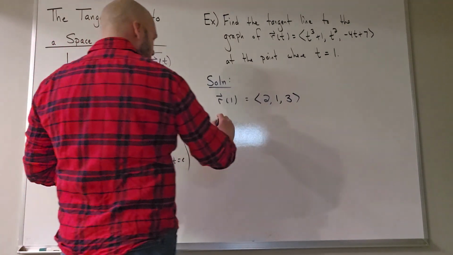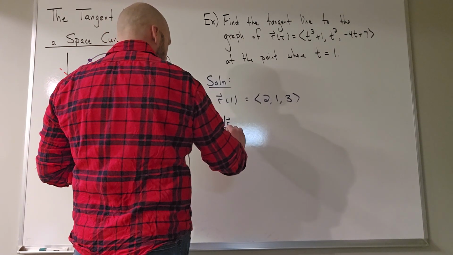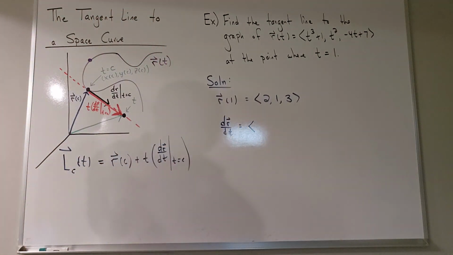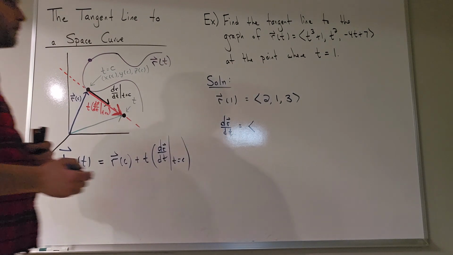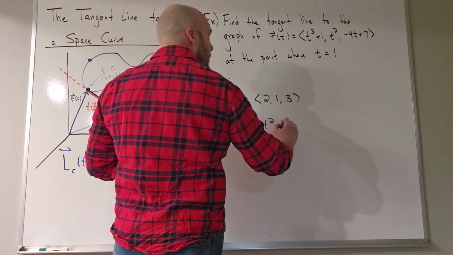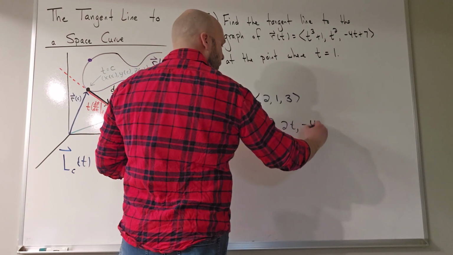Then dr dt. So remember, to differentiate a vector function, I differentiate each component. So that'd be 3t squared, 2t, and negative 4.